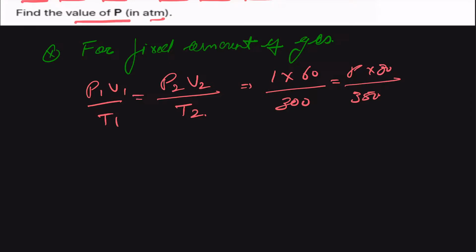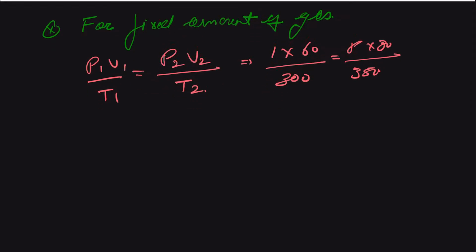Therefore we get that P, so here the zeros cancel out, and this will be going by 2, this by 15, this by 7 and this by 3. So P will be equal to 7.3 atm.